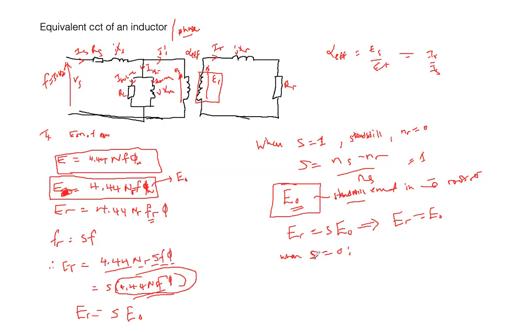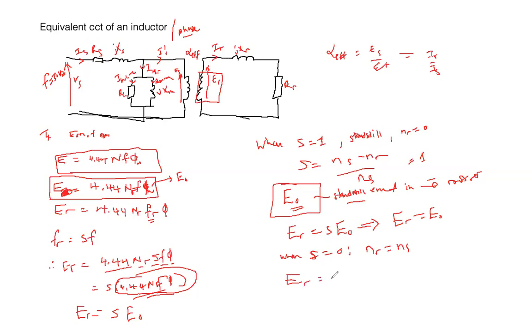But when S is equal to 0, that is when NR is equal to NS. That means the rotor is rotating at the same speed as the magnetic field, okay? So if you substitute in this case, you see that your S is going to be 0. Therefore, since they are rotating at the same speed, there is no flux being cut.